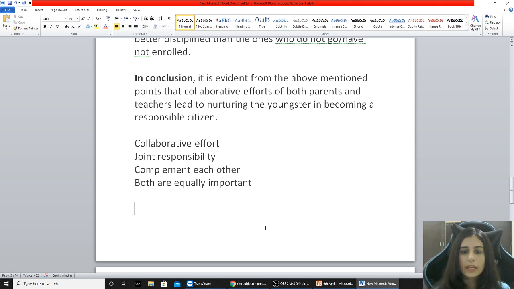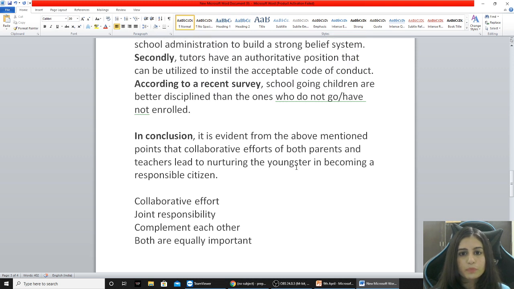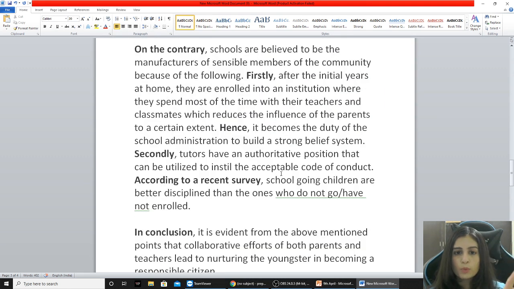If you're taking a 50-50 stance, then you will be writing 2 points in body paragraph 1 about group A, 2 points about group B in body paragraph 2, and then you write your conclusion in an equal manner. In case of 80-20, you will write more about one thing and less about the other. I hope I'm clear.